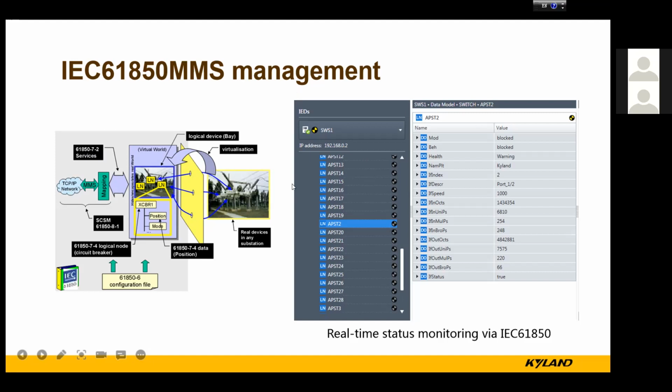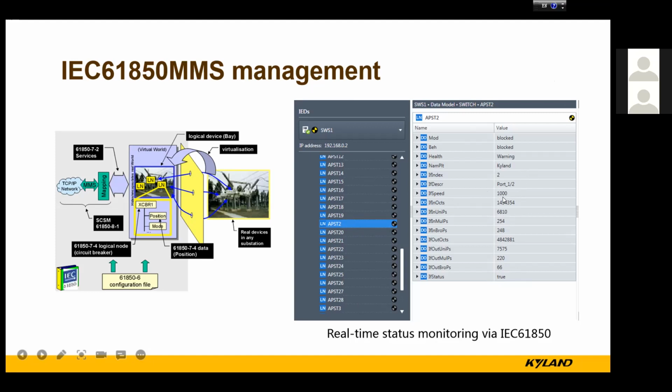And this is a screenshot of our MMS status. And you can see that it is real-time status monitoring via IEC 61850. And the APST means port 2, and now port 2 is link up.